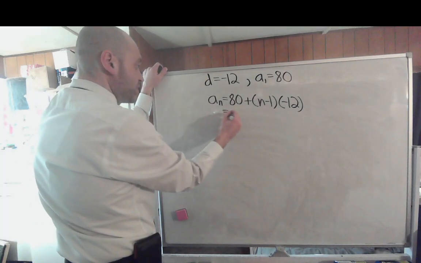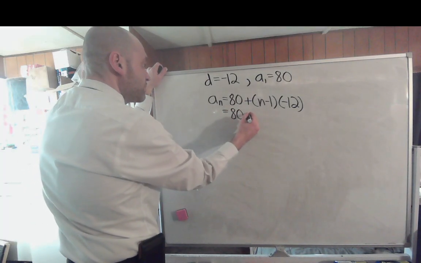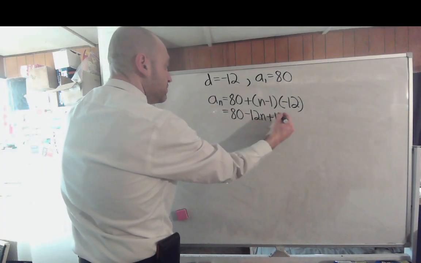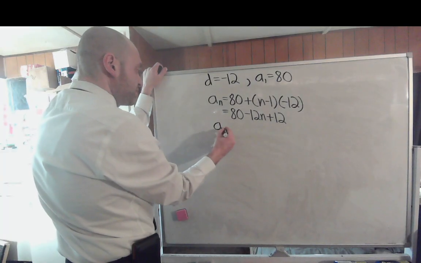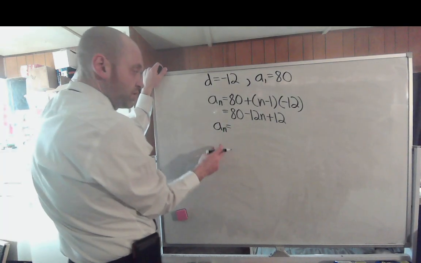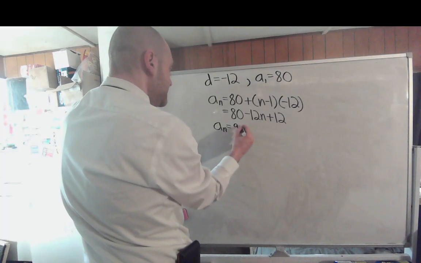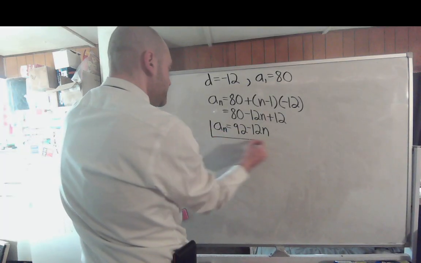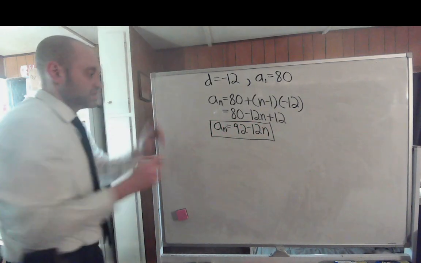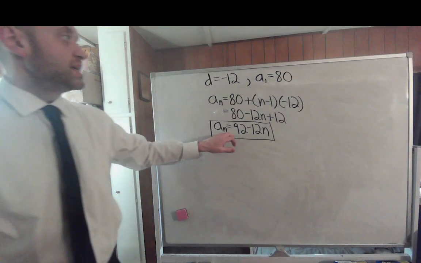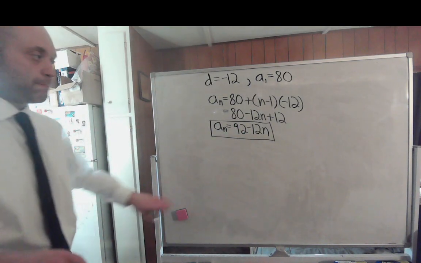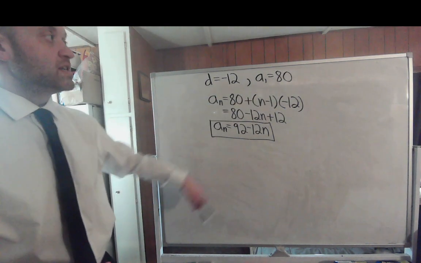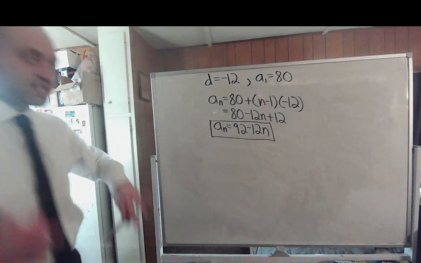Well, this would turn into 80 minus 12n plus 12, which means the formula for the nth term of the sequence would be 92 minus 12n. So a sub n equals 92 minus 12n. So it's going to go down. That means your second term should end up being 68, and it should just keep going down.